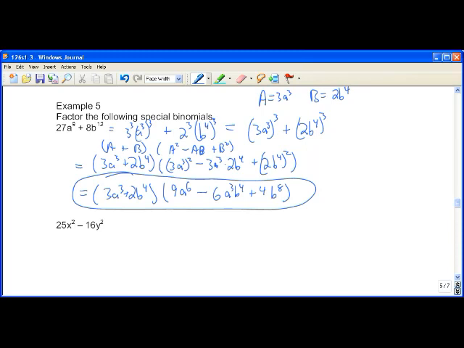Okay, go ahead, Joy. Yeah, so sum or difference of cubes is not going to be the same thing as a difference cubed.